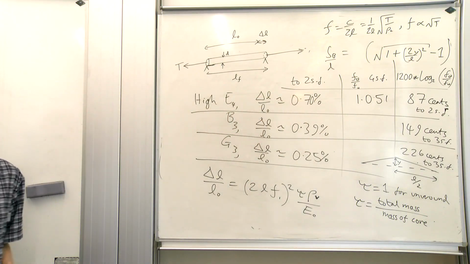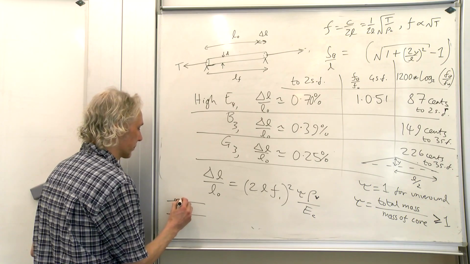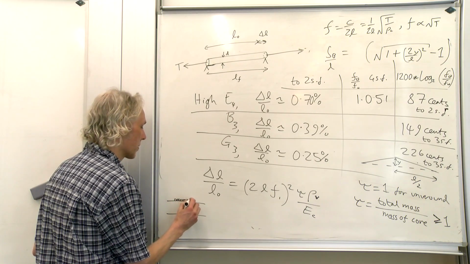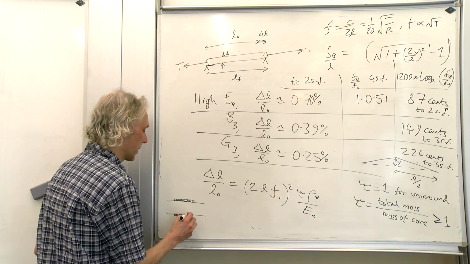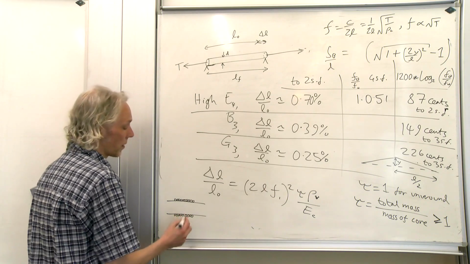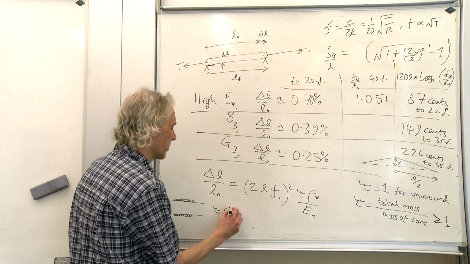Okay, if you have a thick core and a thin winding like this type of thing, then that is going to be tau close to 1.